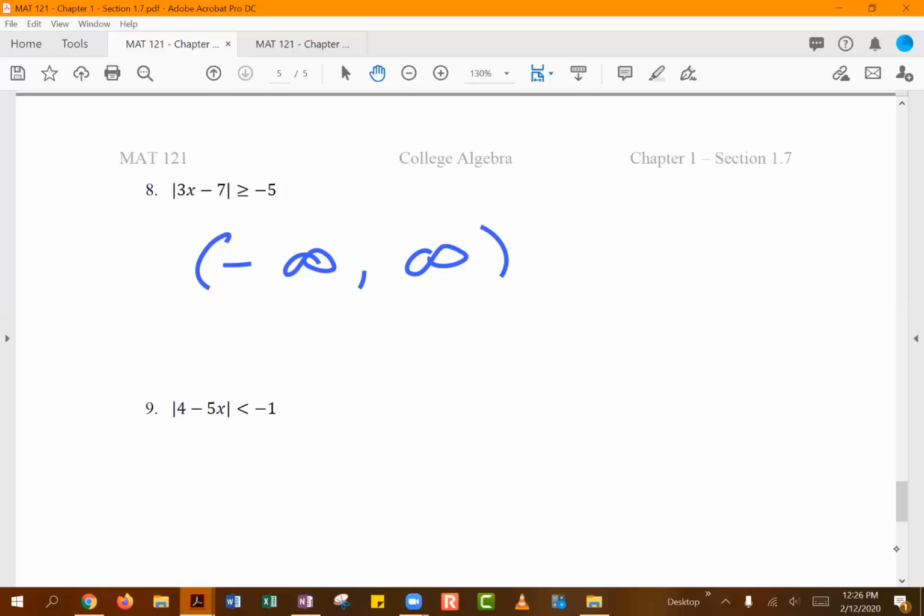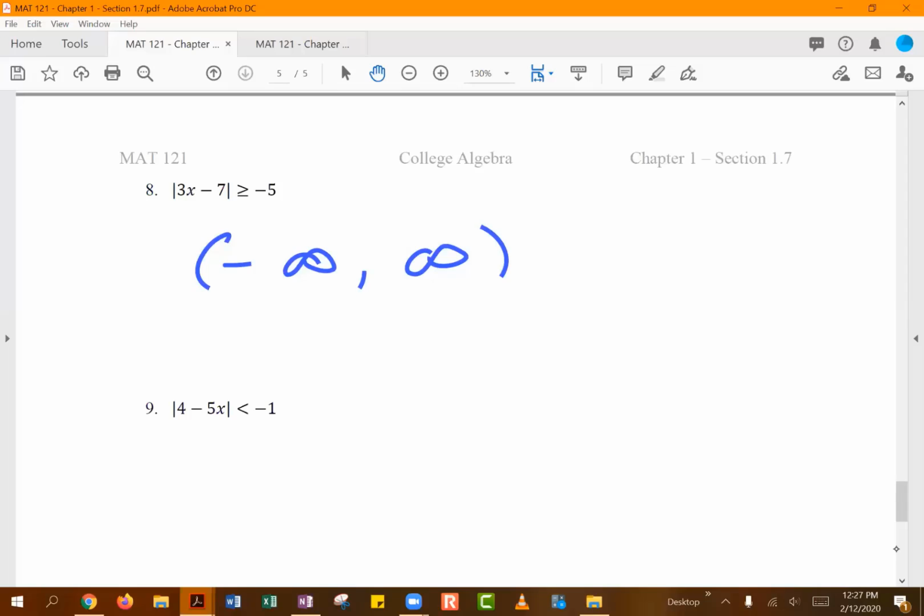And what is -300 minus 7? Since it's -300 and then -7, it will become -307, because you end up adding two negatives. But what does the absolute value do with that -307? Makes it positive. So +307 is still going to be greater than -5, and you can plug in any number for x, and you're always going to end up getting a positive answer.